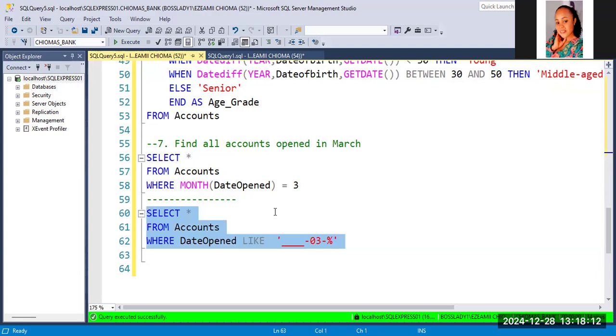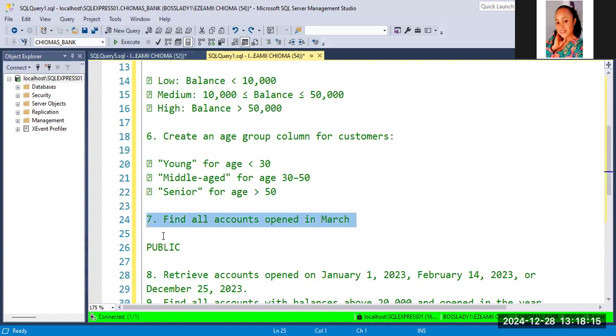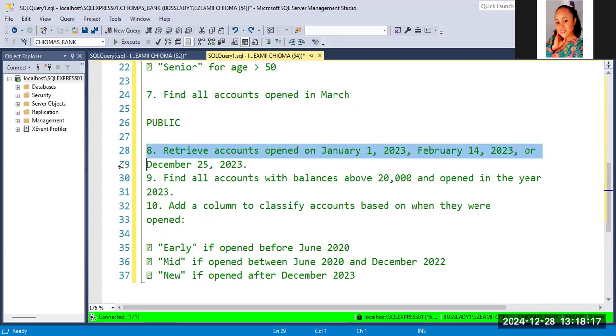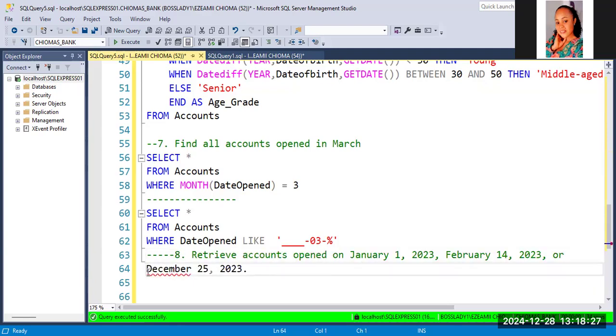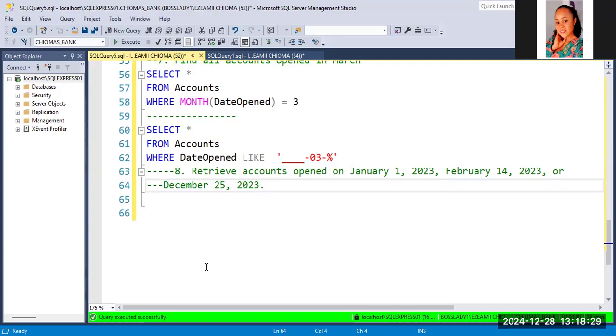So let's look at the next question. That's number 8. The number 8 question says, retrieve accounts open on January 1st, 2023, February 14, 2023, or December 25th, 2023. So what this is telling us is that we should get all the accounts that were open in this period, all right?